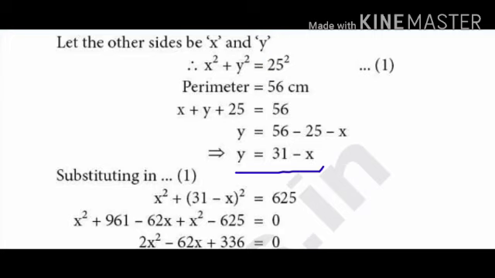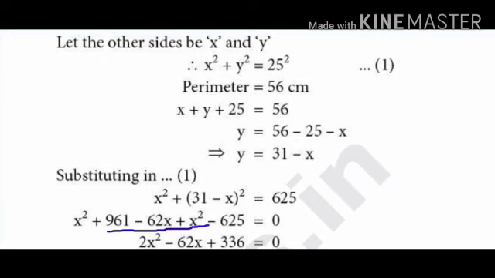Substituting y equal to 31 minus x in equation number 1. Therefore x square plus 31 minus x the whole square equal to 625. Expand the 31 minus x whole square using the a minus b whole square formula.